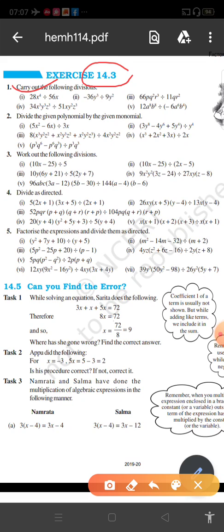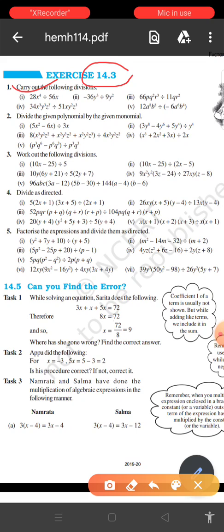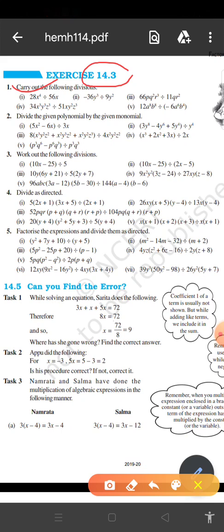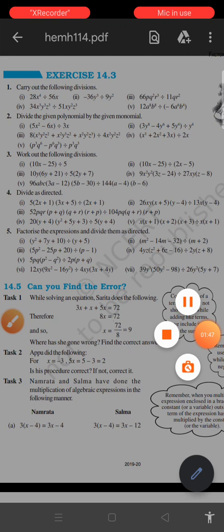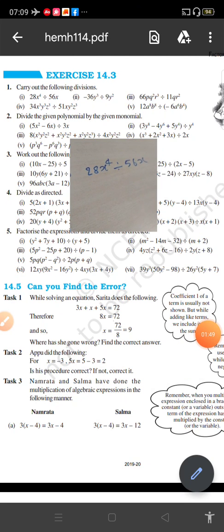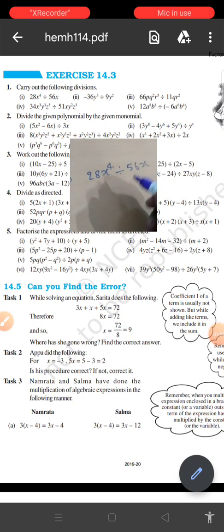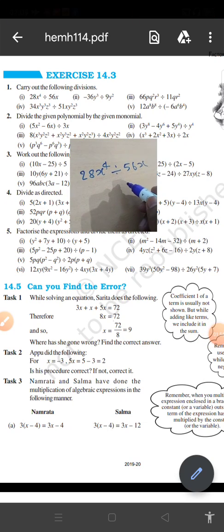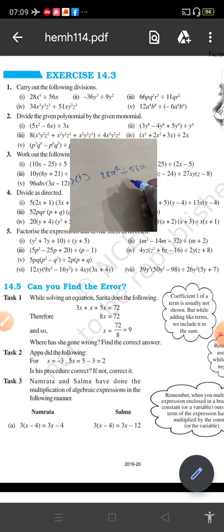First we learn division of a monomial by another monomial. Let's see. This is the first part of question number 1.